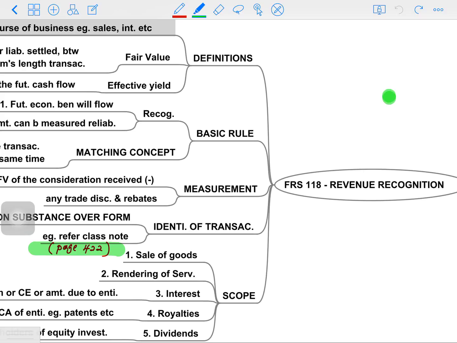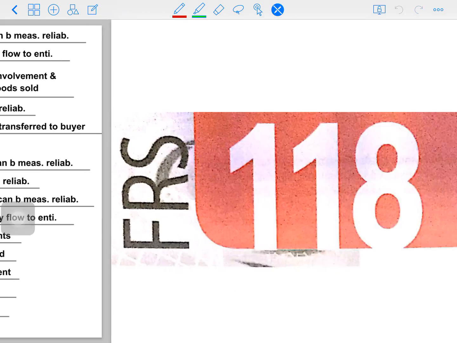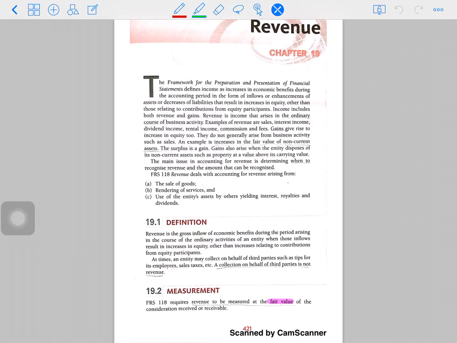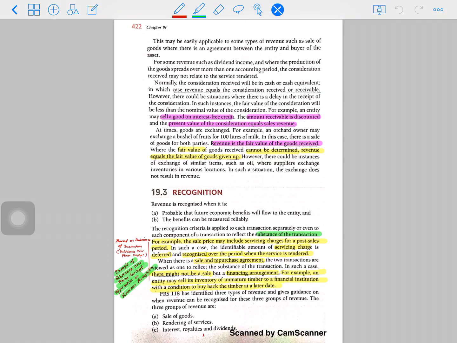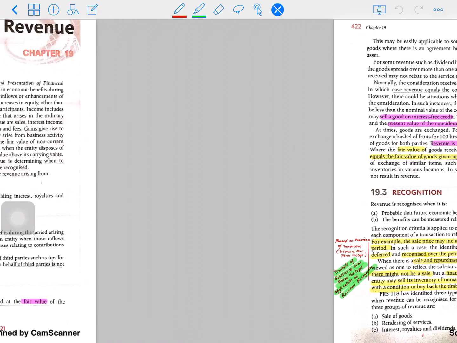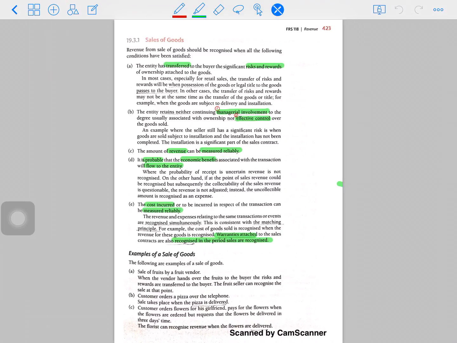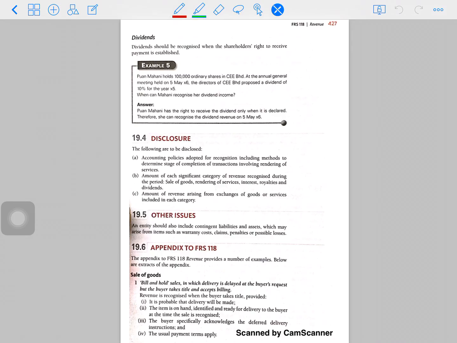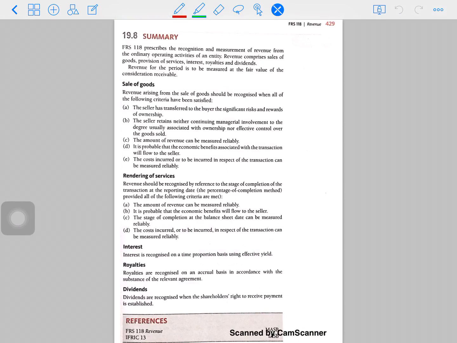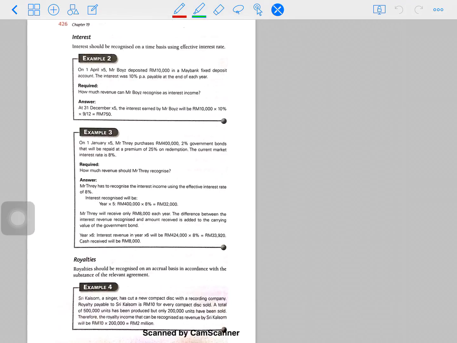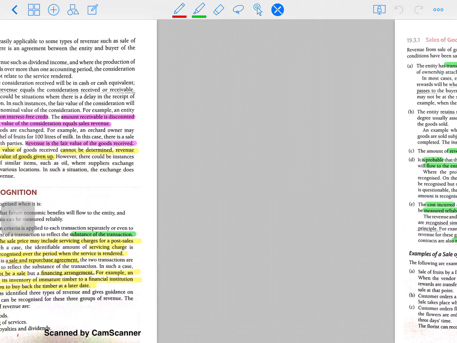What I emailed is this mind map, and also the notes, which is the textbook from Jane Lazar. These are the detailed discussion on revenue recognition. So this is your reference book.